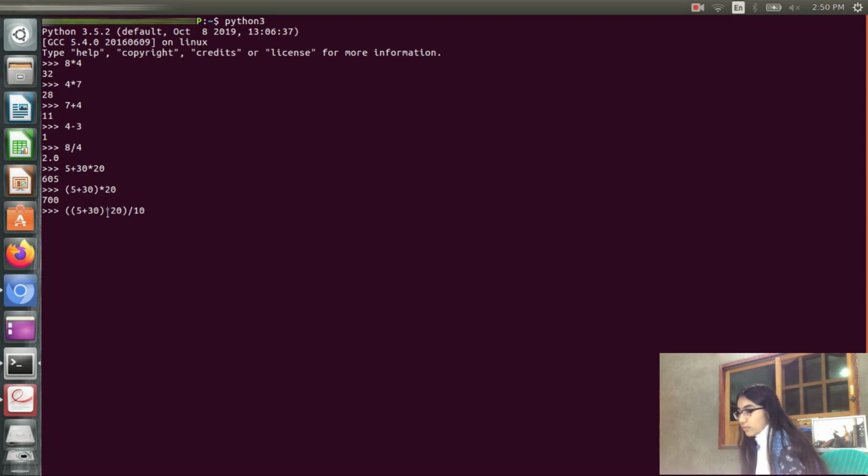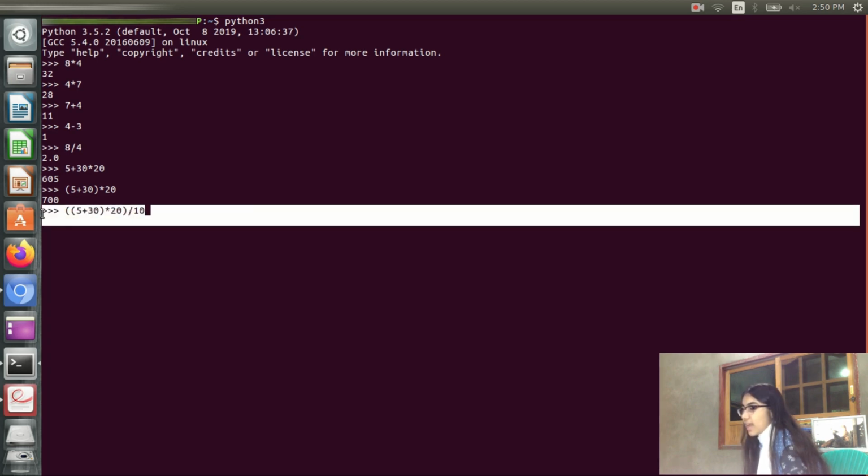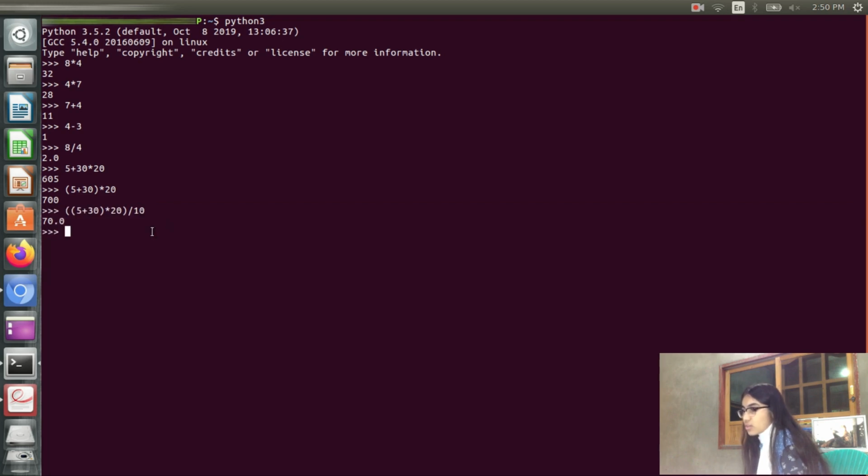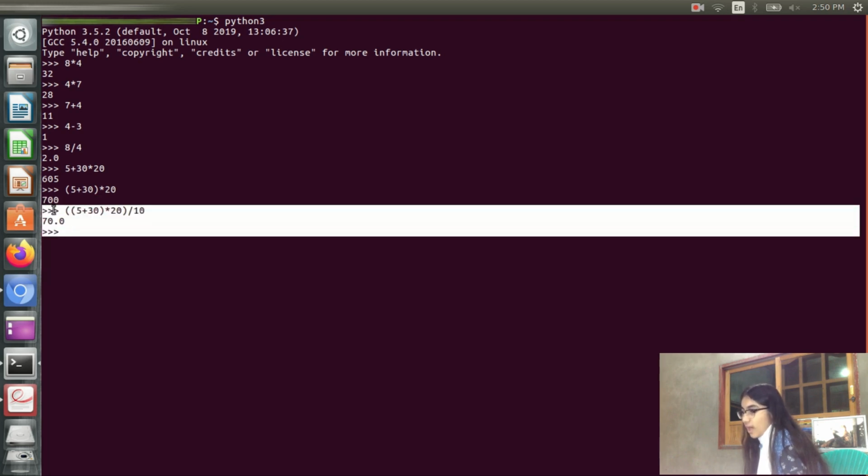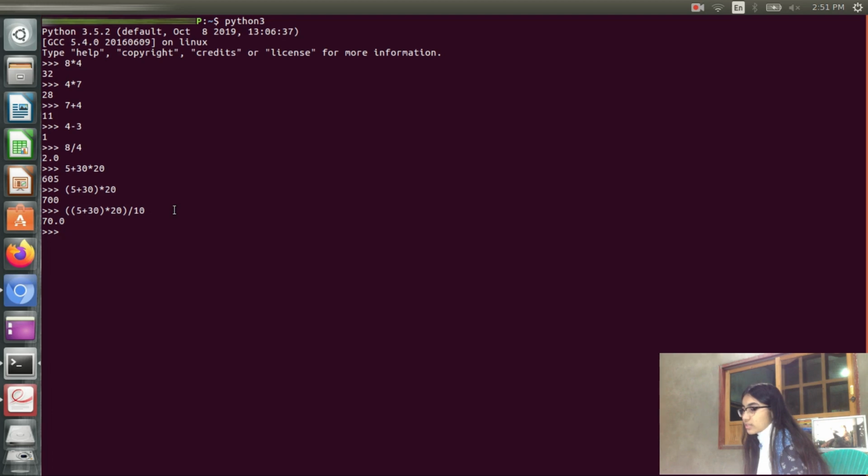Python will first add the two numbers 30 plus 5, then multiply it by 20, and in the end divide it by 10. So here is the answer 70.0. This is how Python works using parentheses. But remember, at first Python will do multiplication and division before addition and subtraction, unless you use parentheses to separate things and control the order. So simple as that. These were the simple calculations in Python.